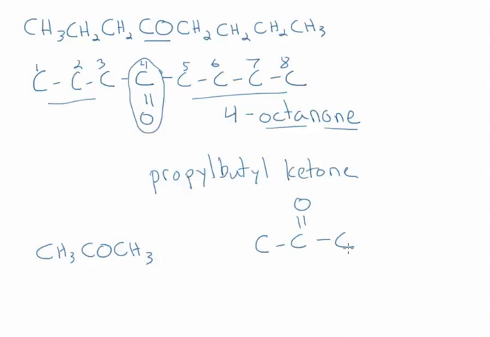So we would say propanone. This would be 2-propanone. Using the common name, you would say there's a methyl on each side, so it would be dimethyl, because there's 2, ketone.